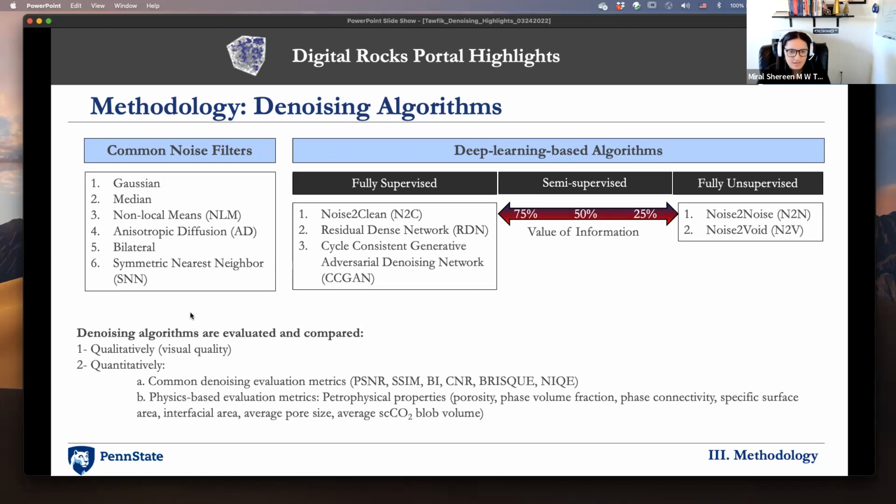So I would say one of the more challenging things was the quantitative evaluation using physics-based metrics, because that requires an extra image processing step between the denoising and calculating those metrics, which is segmentation, and that has its own inherent errors or uncertainties as well.